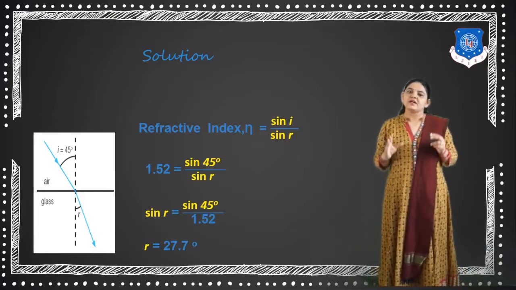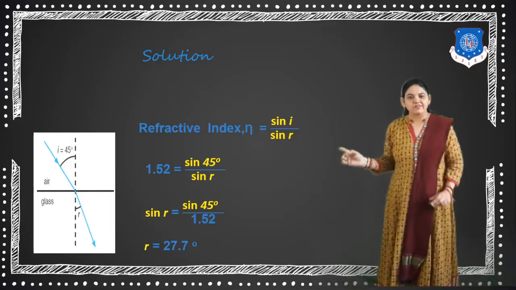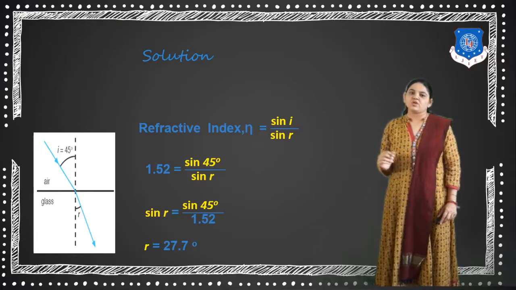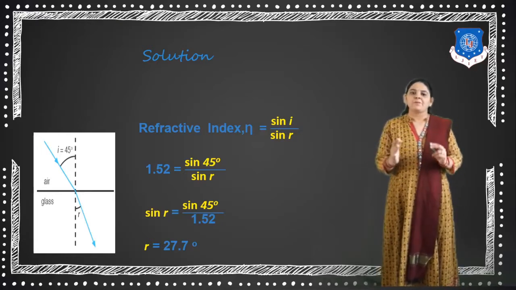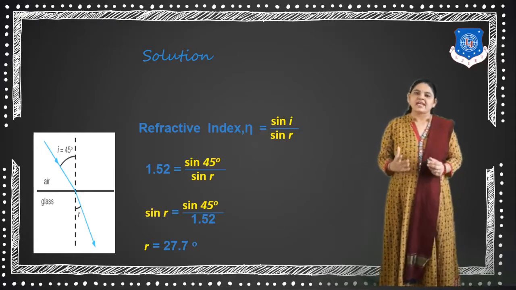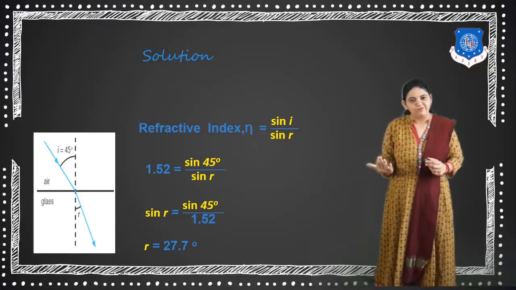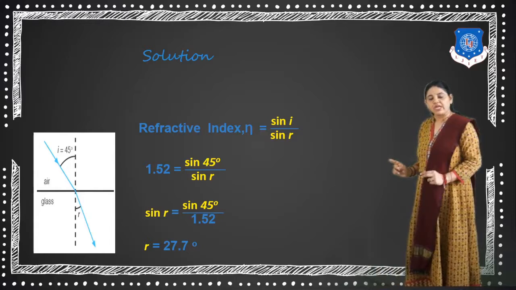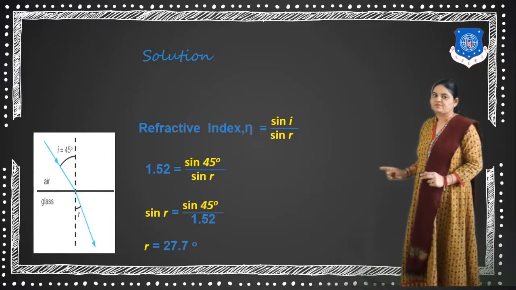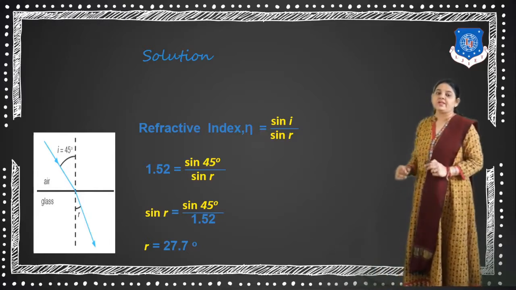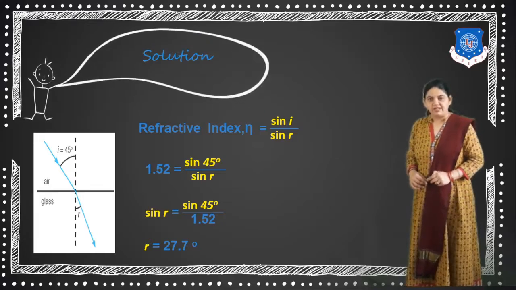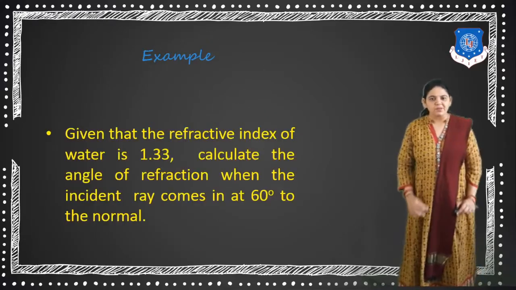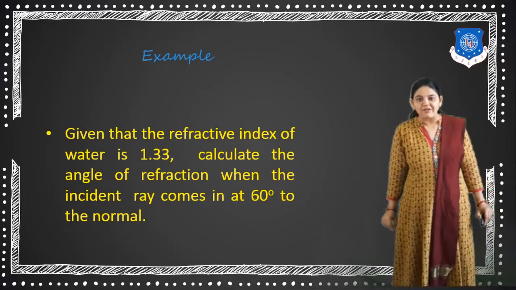The refractive index is given as 1.52, so it is sine 45 upon sine r. So sine r is sine 45 divided by 1.52, and the angle of refraction you will get is 27.7 degrees.